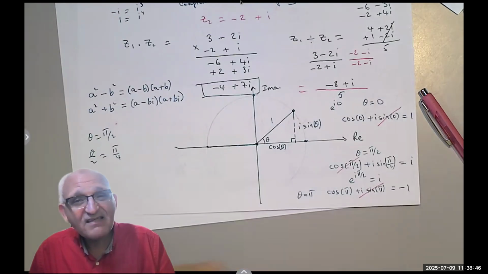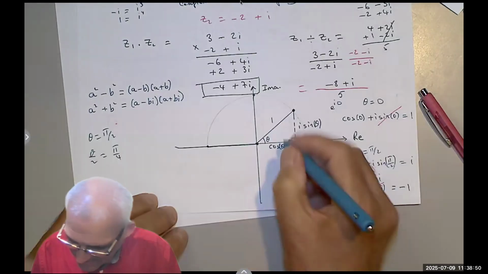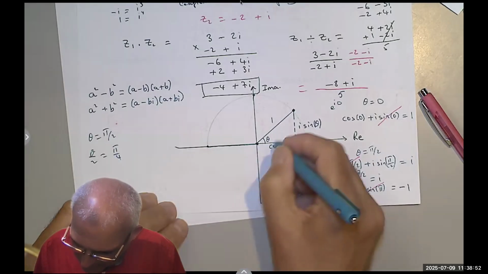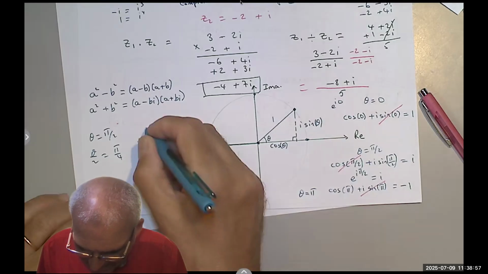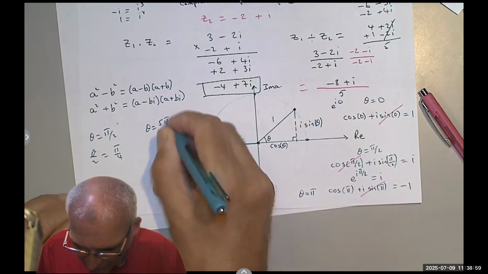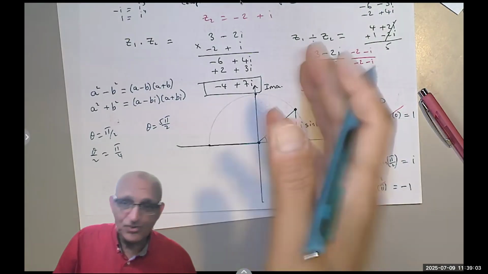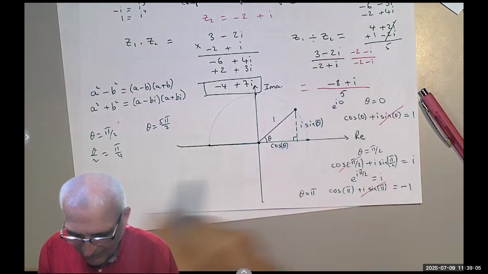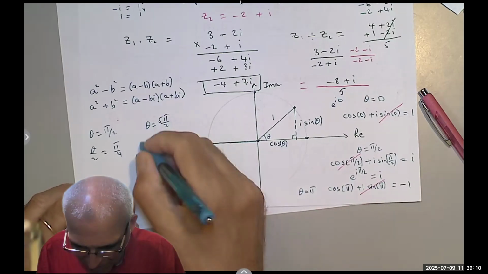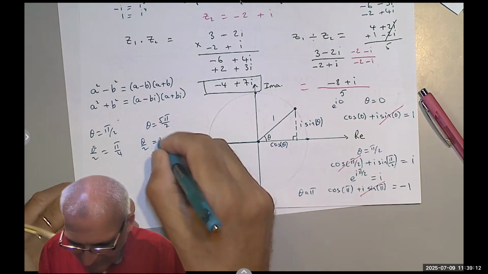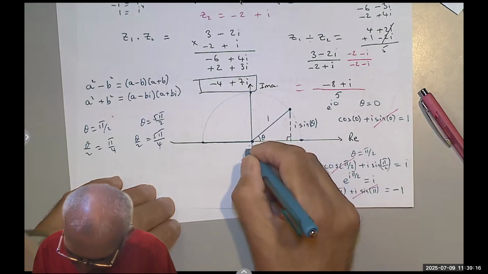But instead of saying pi over 2, can't I think of it as pi over 2 and then I added 2 pi, so I can say theta equals 5 pi over 2. I can keep adding 2 pi's, but eventually I will end up with only one of two values. If I say theta equals 5 pi over 2, and I take the square root, then I'll be using 5 pi over 4, which is 225 degrees here.